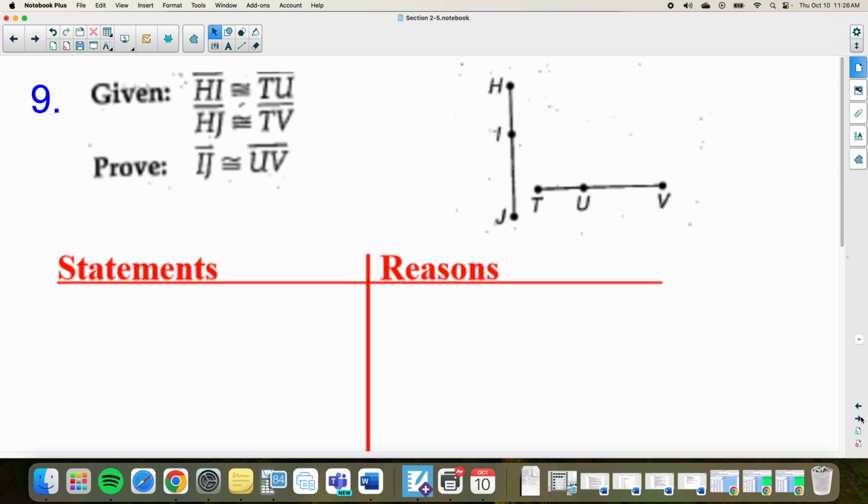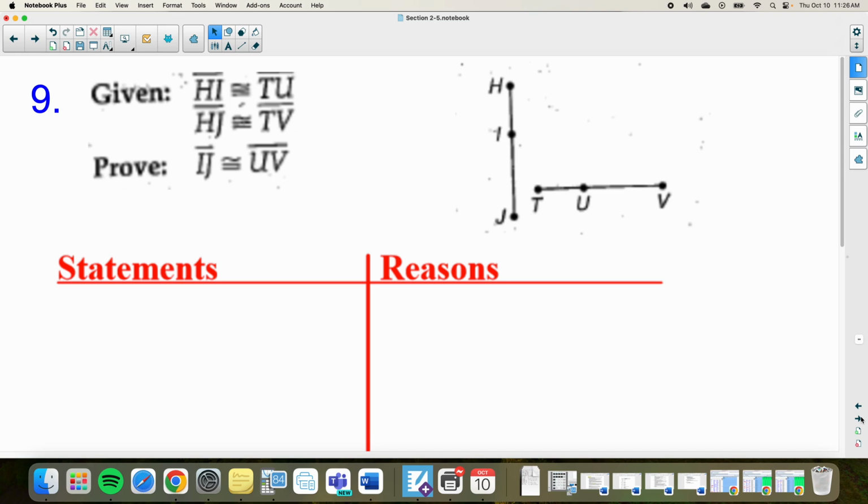So you decide if you wanna write it in your notebook, or if you wanna write it small next to number 9, but we are going to do number 9 together. Okay? All right, is everybody ready? You're either gonna do it in your notebook or on the worksheet.